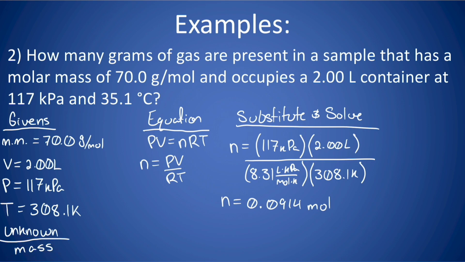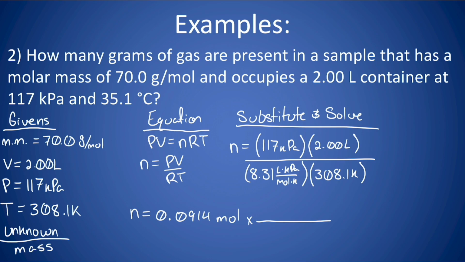Now, here's the easy thing, though. They gave us the molar mass. If we have moles and we have molar mass, we can use some basic stoichiometry to convert to mass. Because according to the molar mass, there is 70.0 grams of this substance in 1 mole.